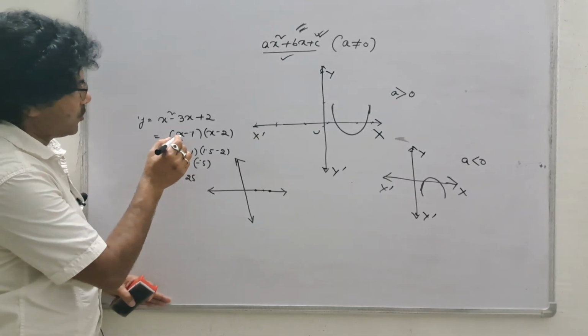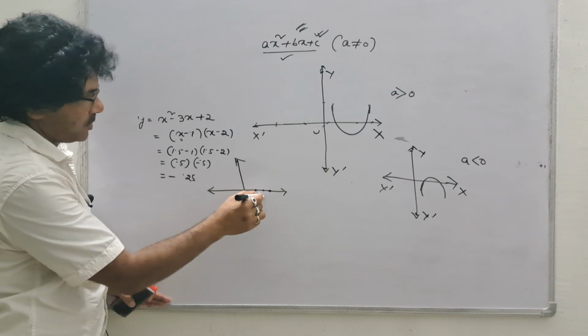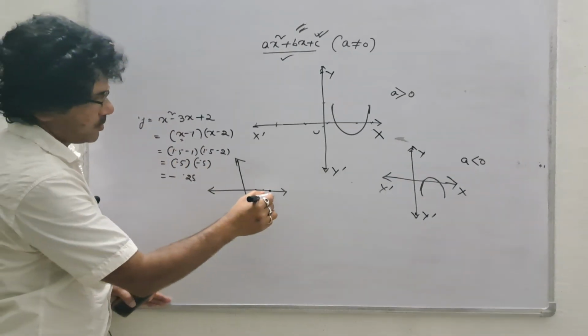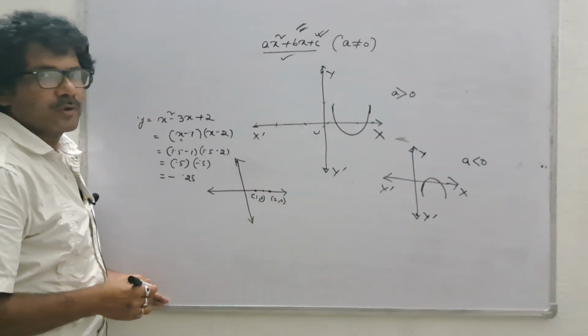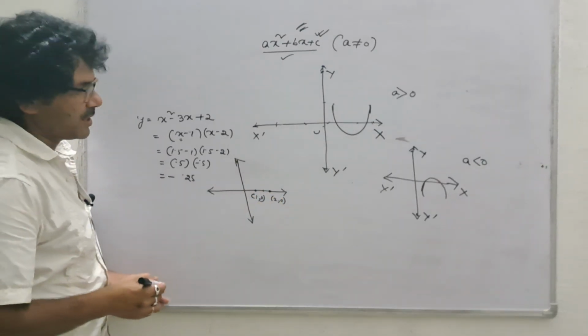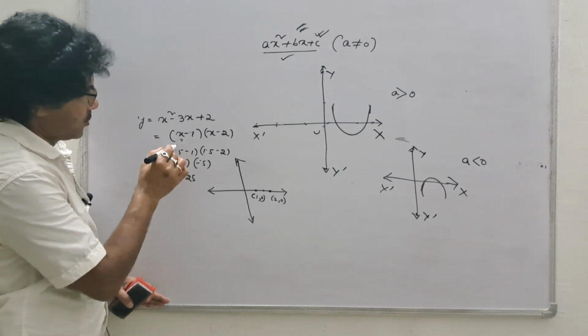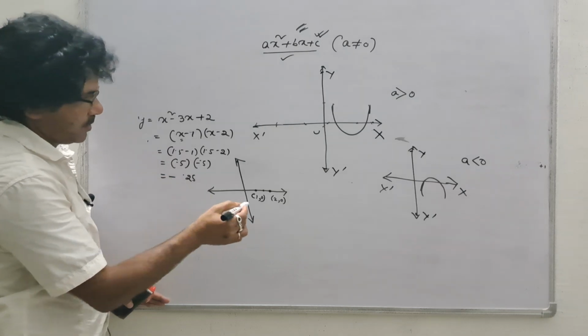If x is equal to 1, y is equal to 0, that is 1 comma 0, this is 1 point. If x is equal to 2, y is equal to 0, this is another point, 2 comma 0. When we draw the graph, if x is equal to 1.5, this mid value, then the y value is this.